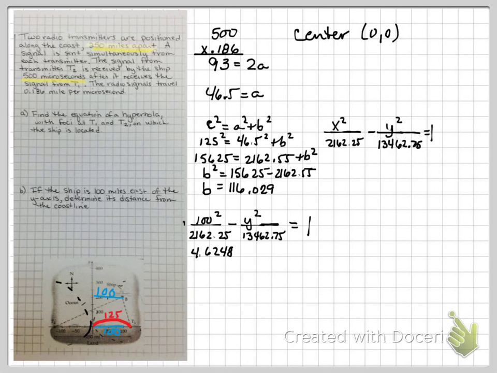Now we want to keep that number on our calculator. We're not going to round it. And we still have y squared over 13,462.75 equals 1. Now move that 4.6248 to the other side.